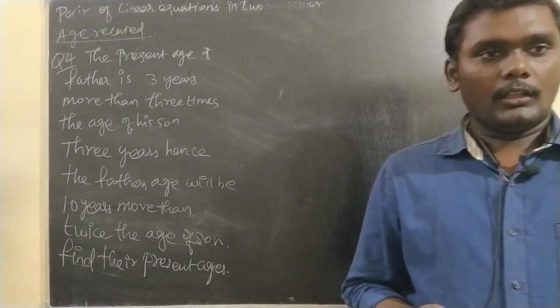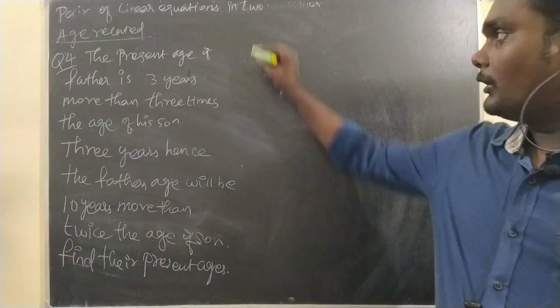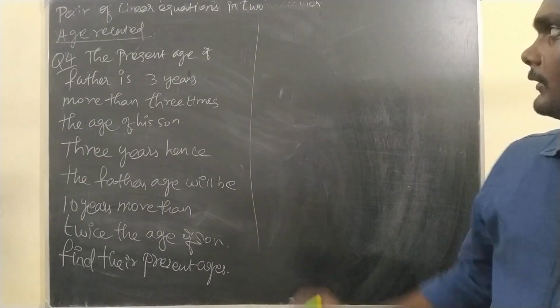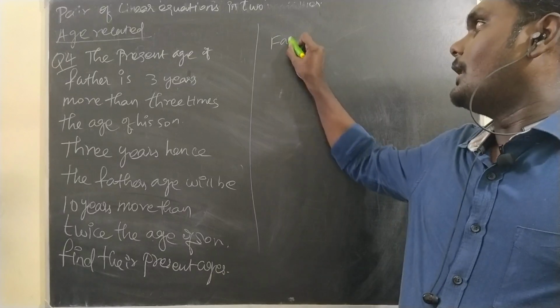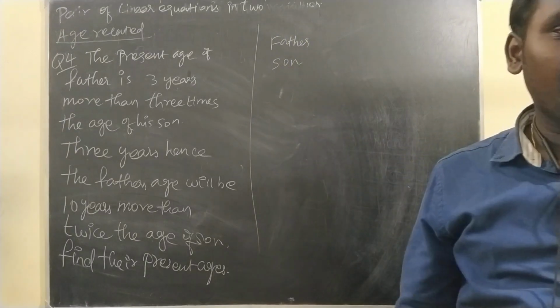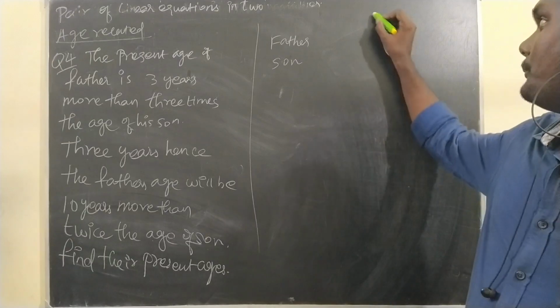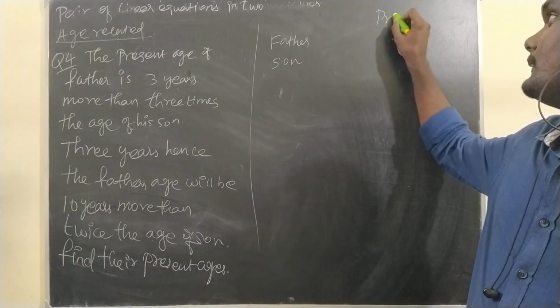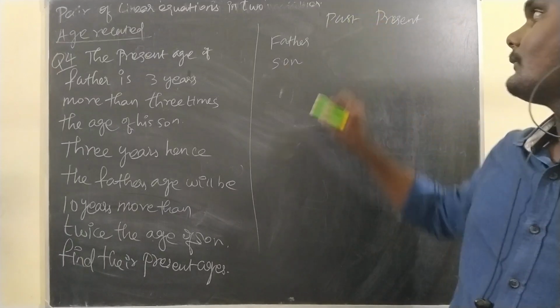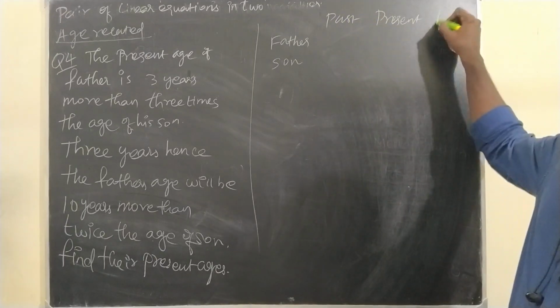Okay. Now, what are all the characters involved here? Our table: father, son. Time periods: past, present in the middle, and then future.